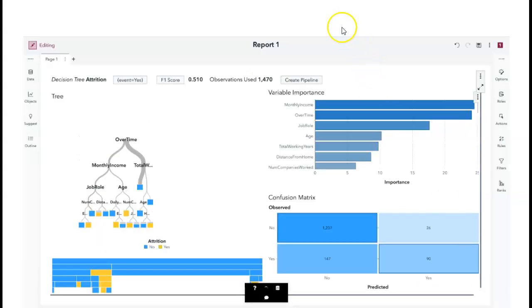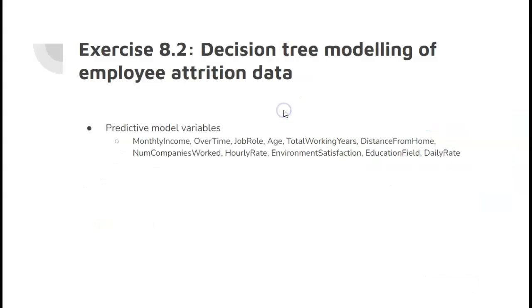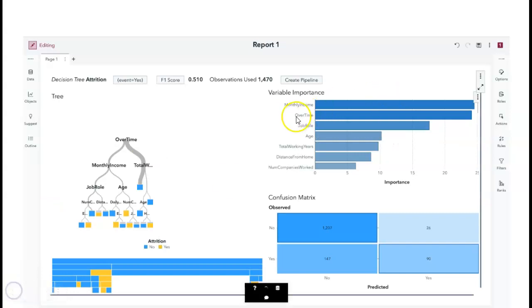So here you can see our tree that we created, and they just branch off by each variable. So monthly income branches off, job role branches off. And here we can see the variable importance. Based on the analysis, we can see that monthly income sways our model more than number of companies worked at.